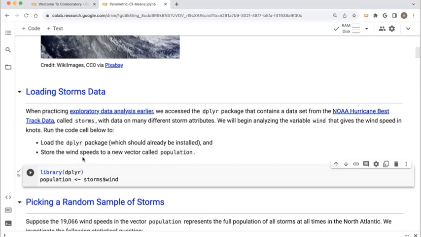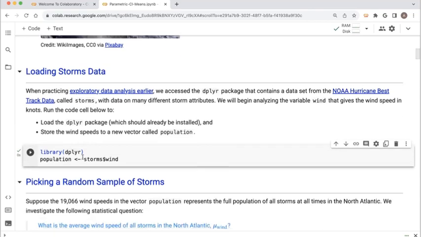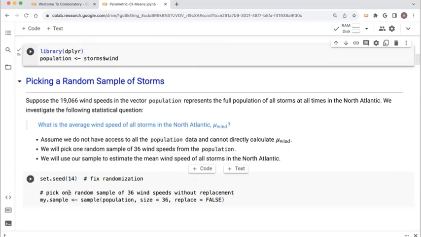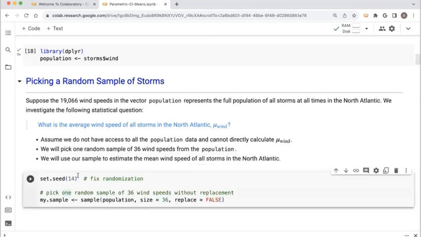And we're going to imagine here that we actually don't have access to the full population, but instead we have one random sample of 36 wind speed observations. So from this sample of 36 observations, how can we construct a confidence interval to estimate the population mean wind speed of all storms that are in the population?